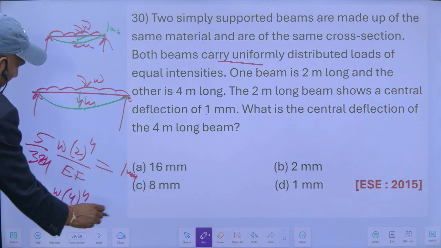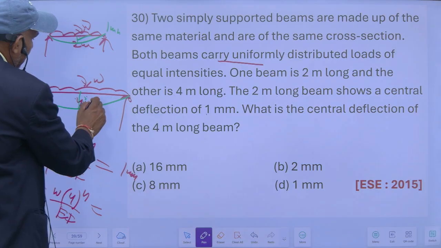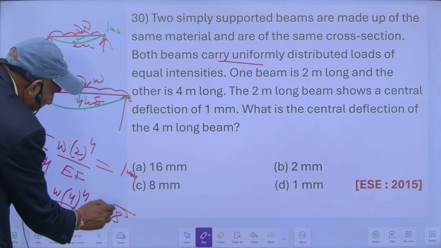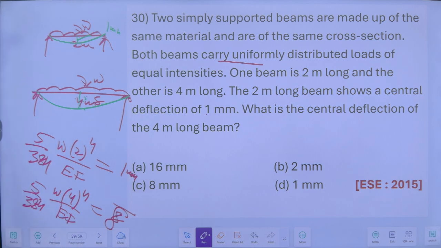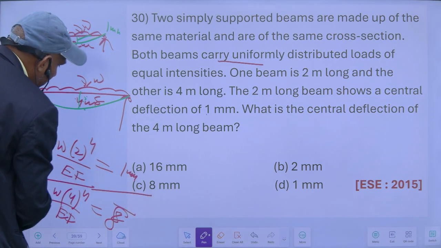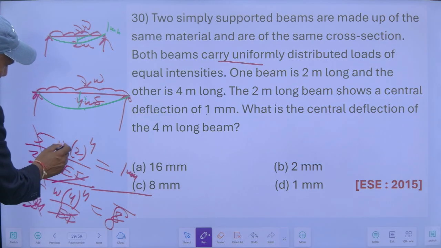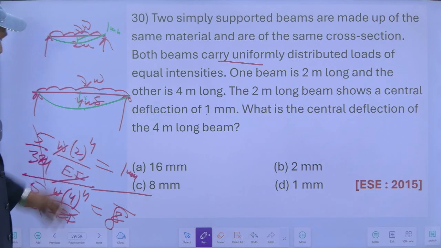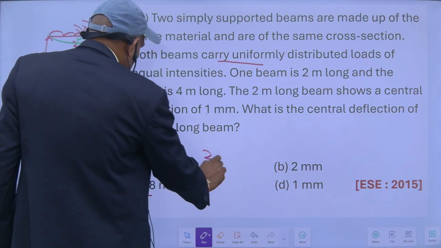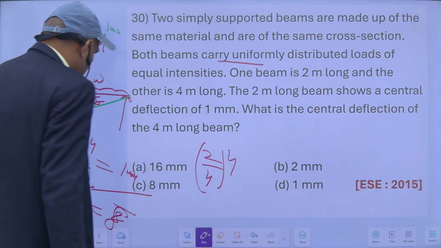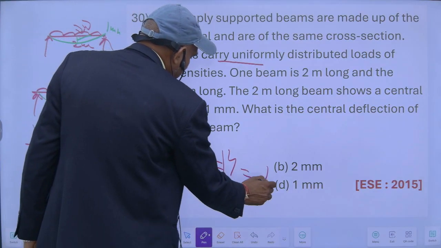Suppose this deflection is delta, which I have to find. So this divided by this, EI will cancel, W will cancel. So this will be 2 upon 4 raised to the power 4 is equal to 1 upon delta.